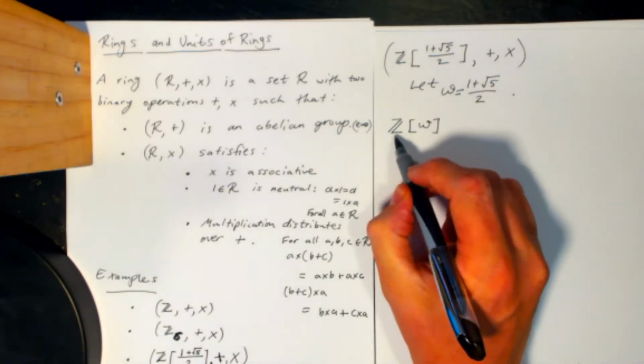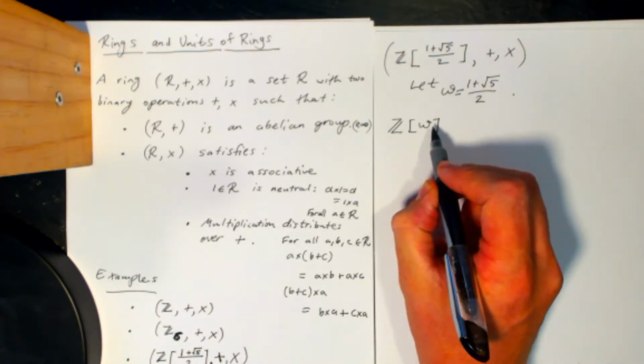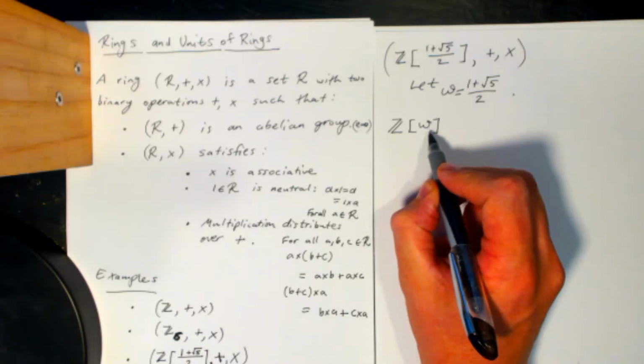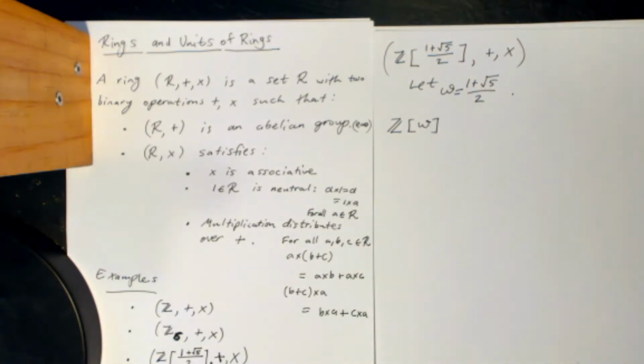So this is a ring, and this is a number. Let's just call it a number for now.